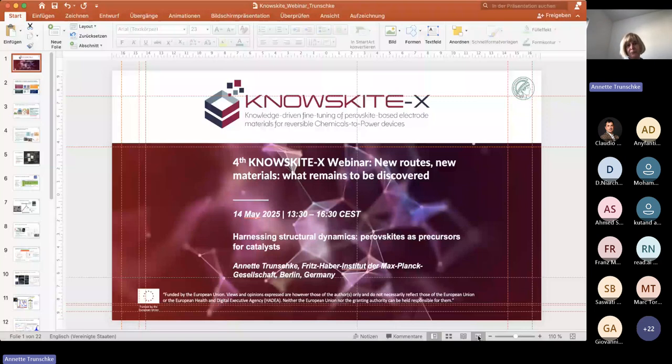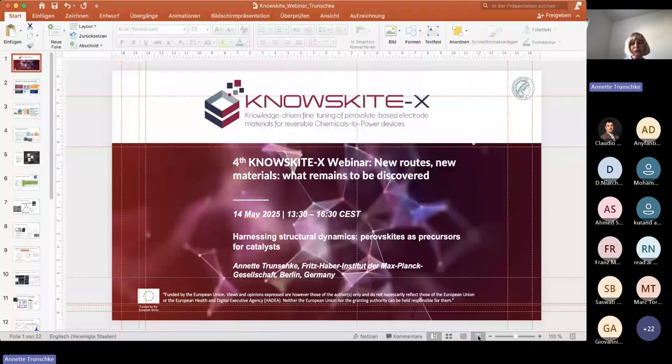And I would like to show you an example for the application of perovskites in thermal catalysis in the field of selective oxidation. Here in our group, we were dealing with the activation of alkane molecules, which you can find in natural gas or crude oil, directly with oxygen to form valuable products, like olefins or oxygenates, which you can use for polymerization.